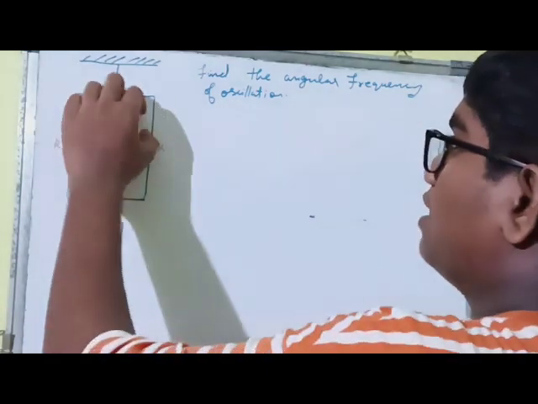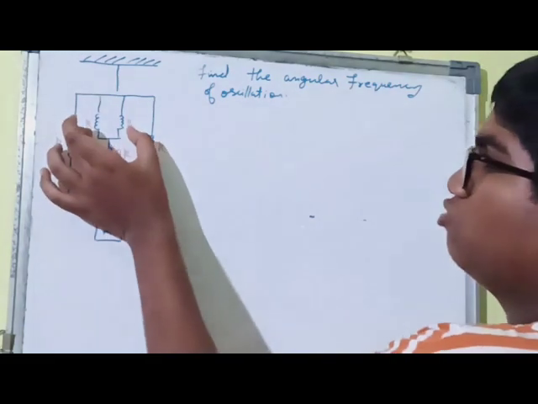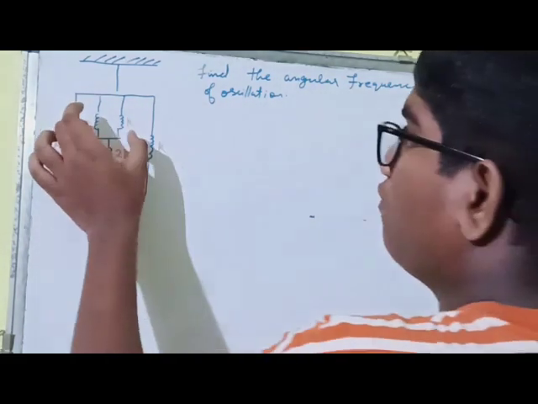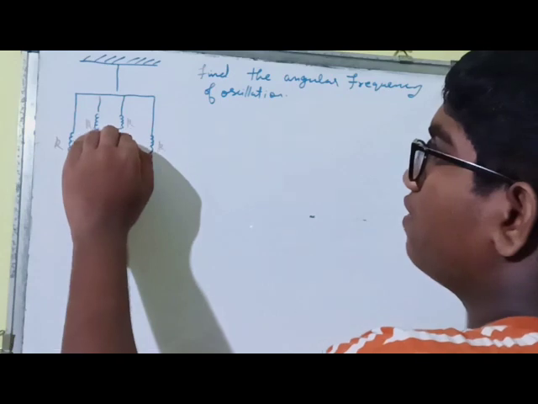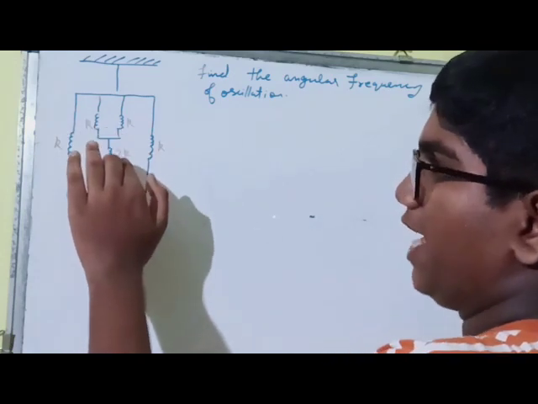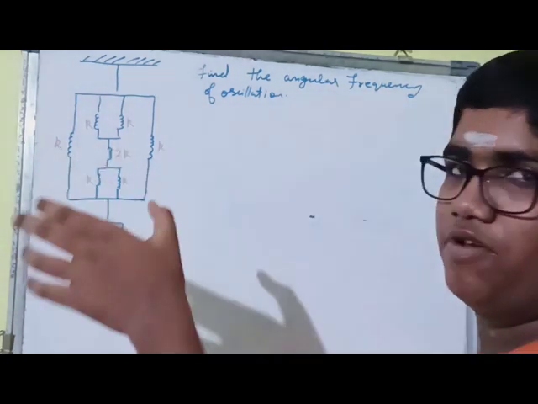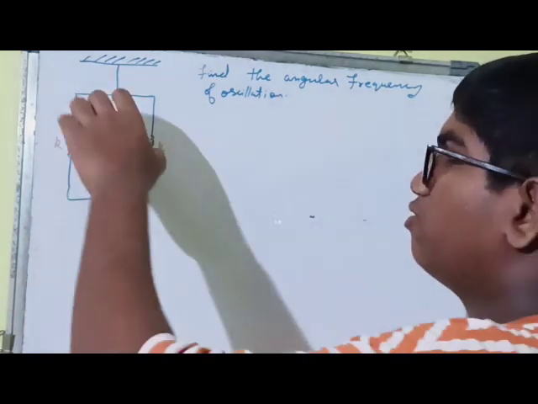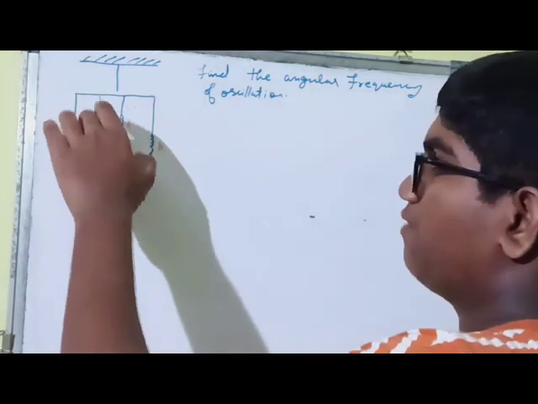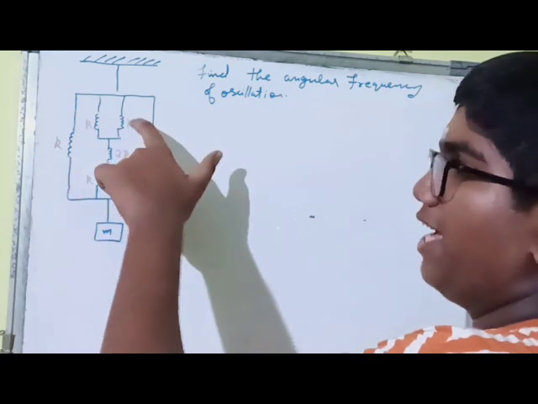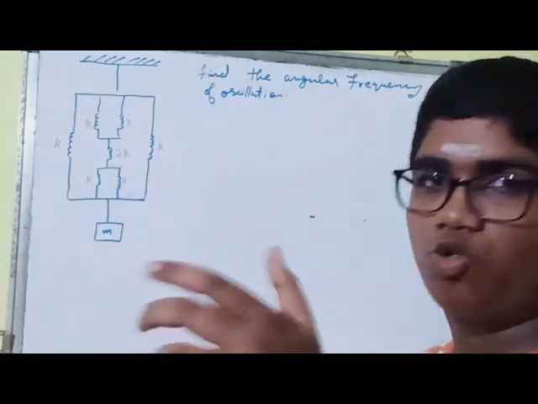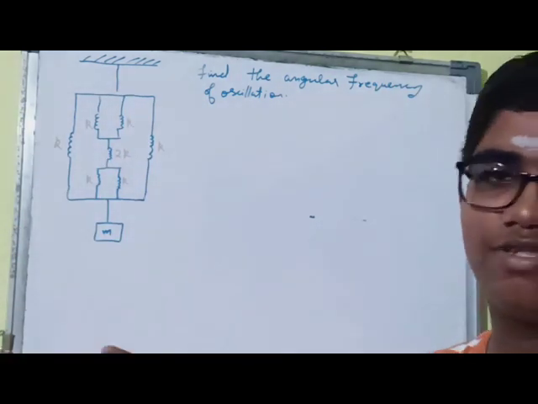So just considering these two springs, if this portion extends by x, each spring will extend by the same amount, that is x. So the restoring spring force will be kx and kx. Therefore its sum 2kx will be the effective spring force.